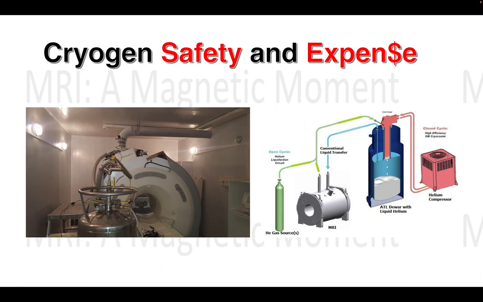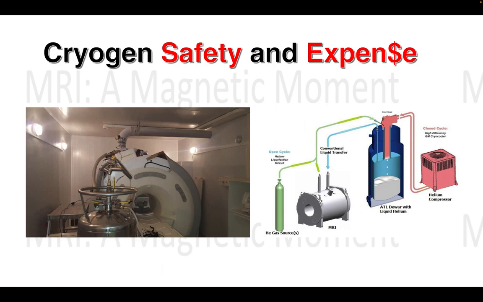Nitrogen and liquid helium are used as cryogens to reduce the resistance in the MRI magnets. The superconducting magnet should always be at a certain temperature to remain safe and effective.